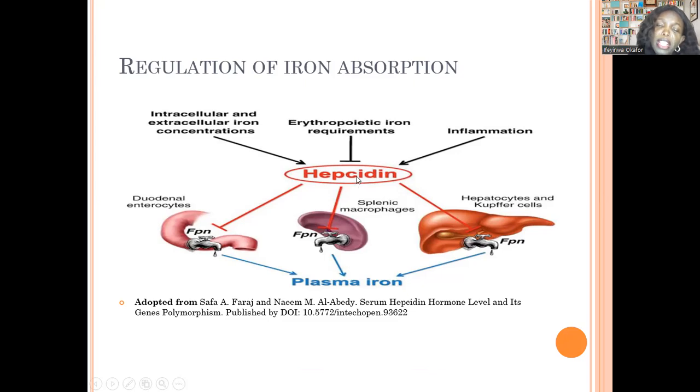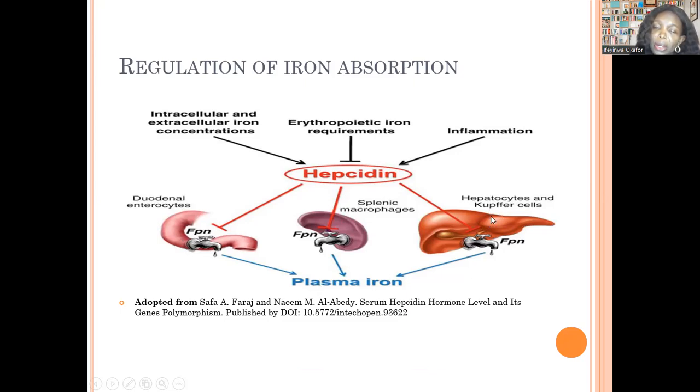Hepcidin production is downregulated, and the ferroportin is open. The channel is opened up for what? Iron absorption through the proximal duodenum, and the splenic macrophages are allowed to release iron through the ferroportin channels. The same thing with hepatocytes.